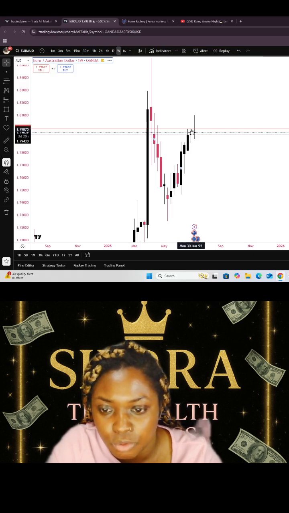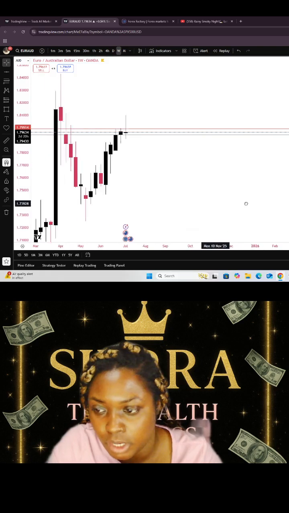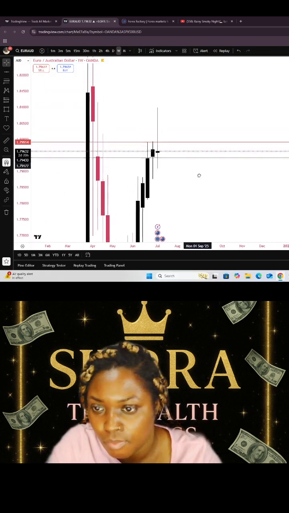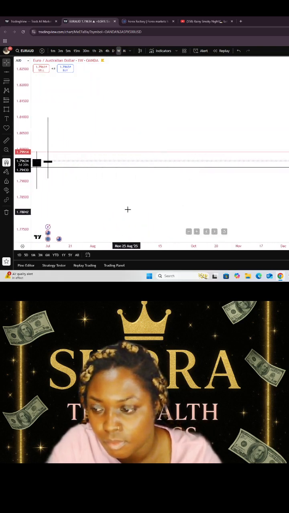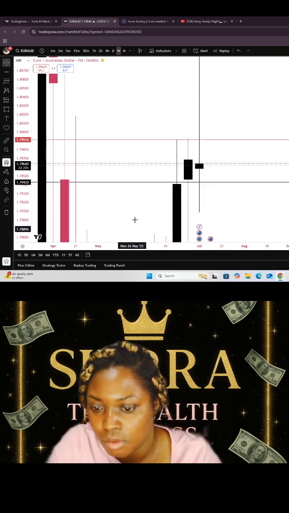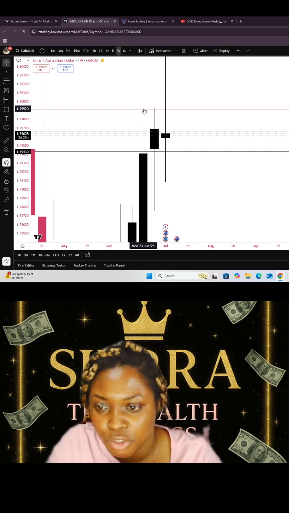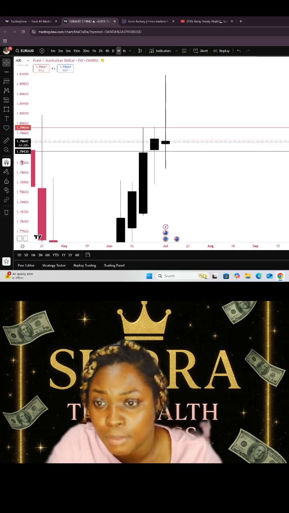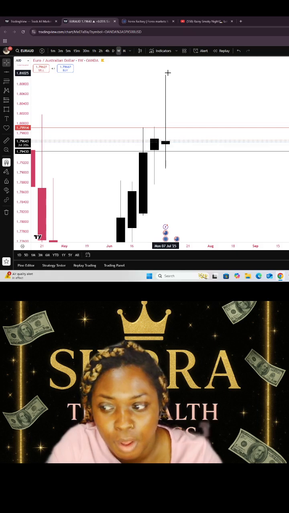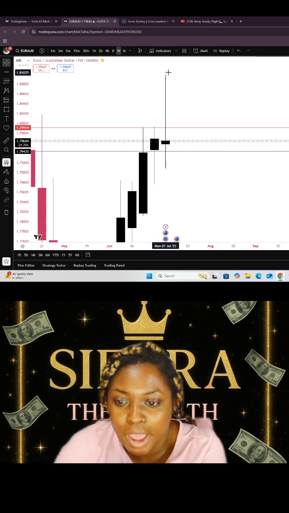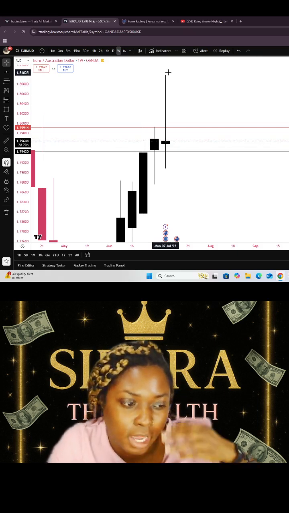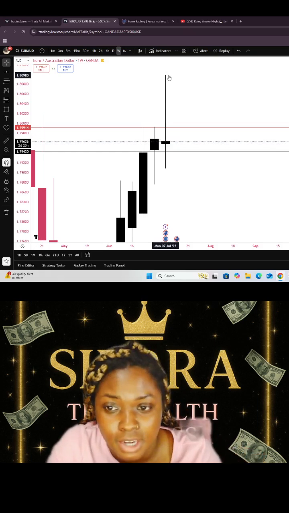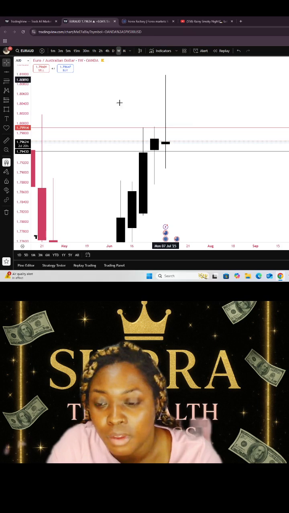It tried to push through it again, rejected. Tried to push through it, rejected. This time, it did push through it, but it's not holding. We only have 2 days left in this weekly candle. Okay? It's not holding at all.